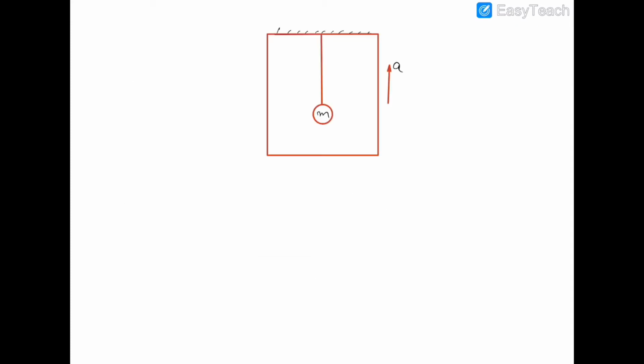Now let us take a different case. In this case, you can see that this pendulum is situated inside a lift which is accelerating in the upward direction. So we have to find out the time period of small SHM of this pendulum inside the lift. Again, let us find the time period by using those steps which I have told.